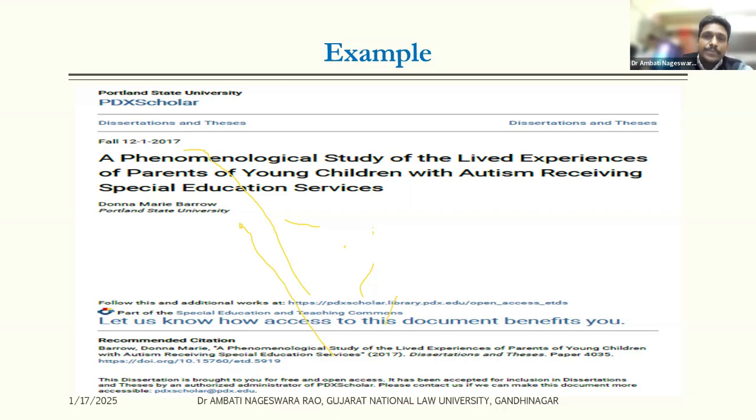I'll share with my beneficiaries. The beneficiaries are nothing but the parents who are having children with autism. Okay, so this particular NGO posted this particular research tool on their Facebook page. As soon as they posted on their Facebook page, one of the parents responded that I'm ready to participate in your research as a part of your data collection.